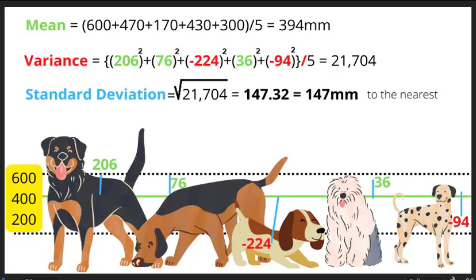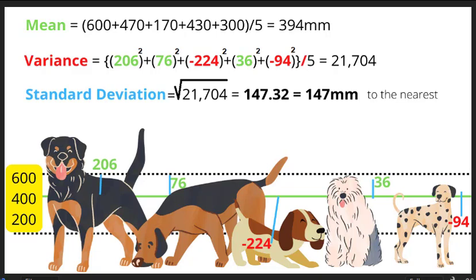Before looking into the standard deviation or the variance, let's look at the chart here. The mean height is 394 millimeters, which we saw previously. The mean line is the green line that you can see here.